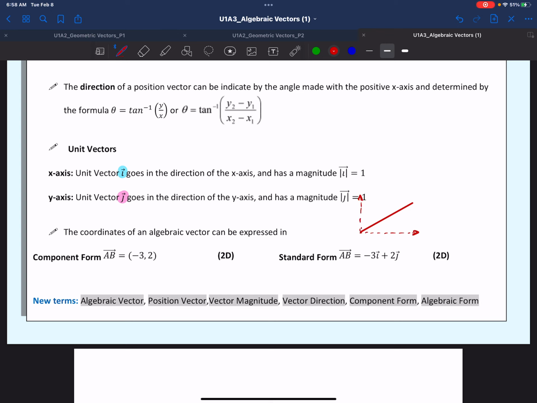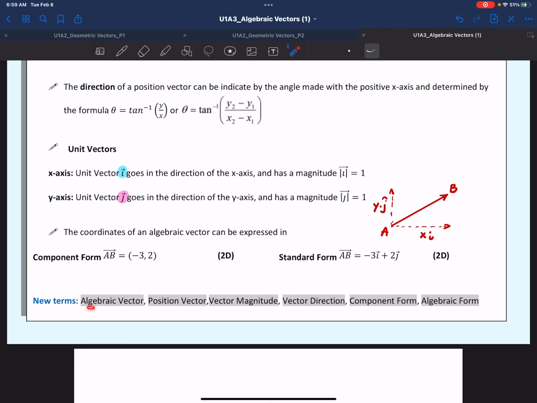So if you use the parallelogram rule in here, this particular vector, which I am going to call vector AB, will be the sum of the horizontal component times the vector i, which is a direction vector, plus the vertical component times the vector j. So the standard form is like the vector way of describing a vector, and the component form is the Cartesian plane way of describing a vector. You can put it that way.